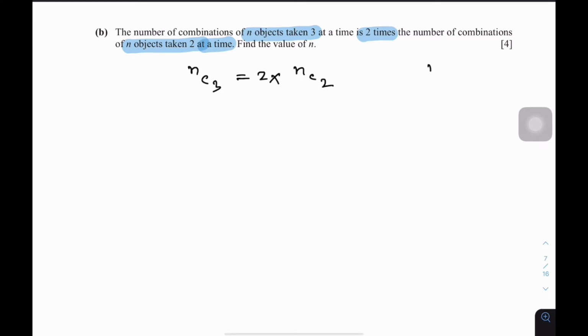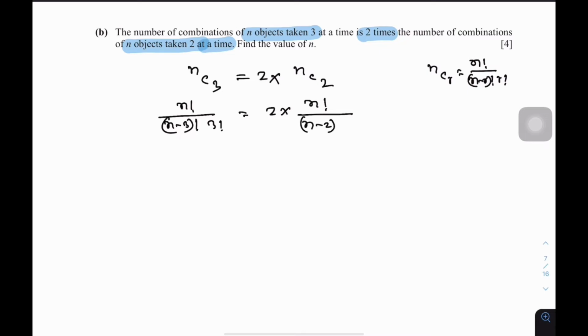We know the formula, nCr equals n factorial over n minus r factorial and then r factorial. So we can write here n factorial over n minus 3 factorial, 3 factorial, equals 2 times n factorial over n minus 2 factorial and then 2 factorial.